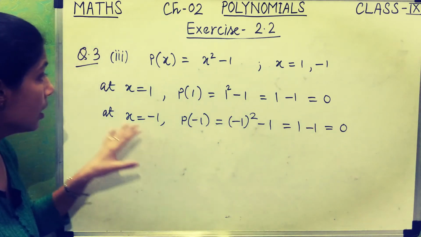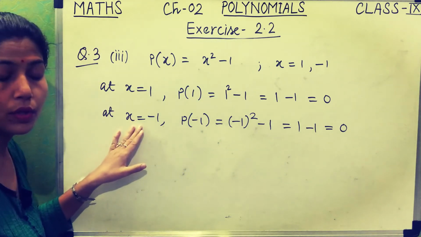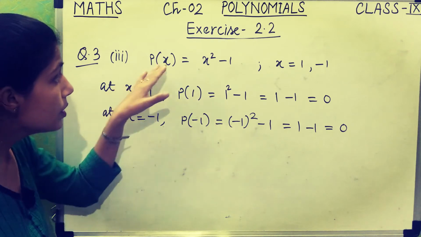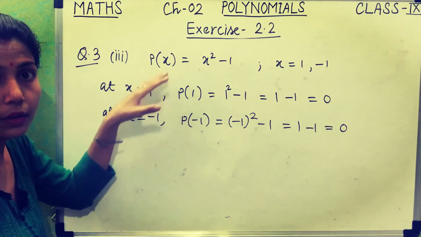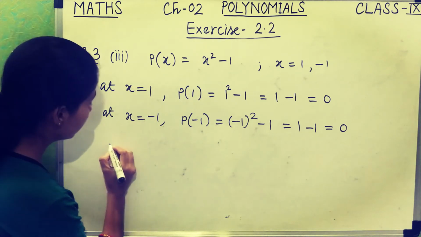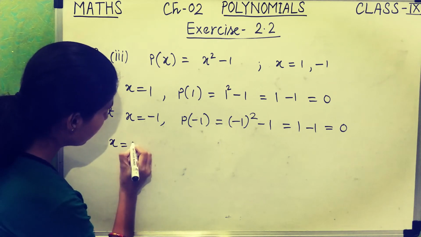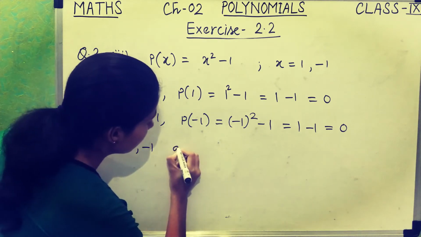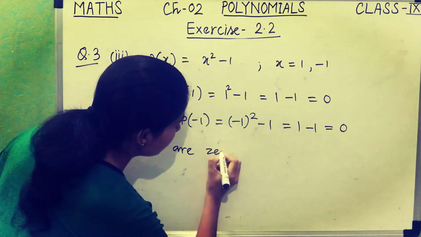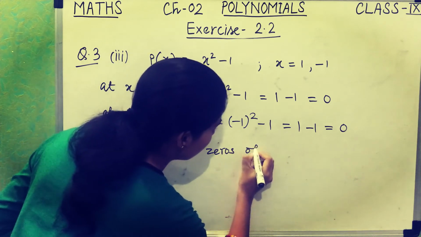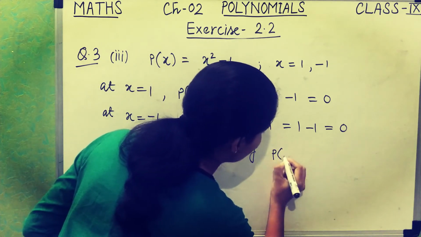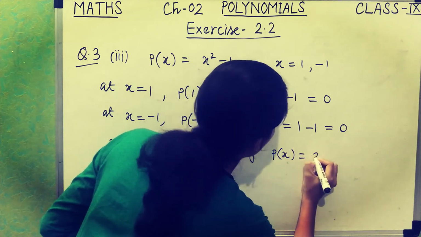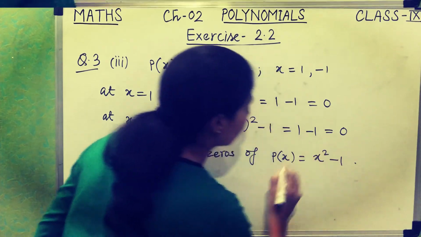It means x equals 1 and x equals minus 1 are the zeros of this given polynomial, that is x square minus 1.